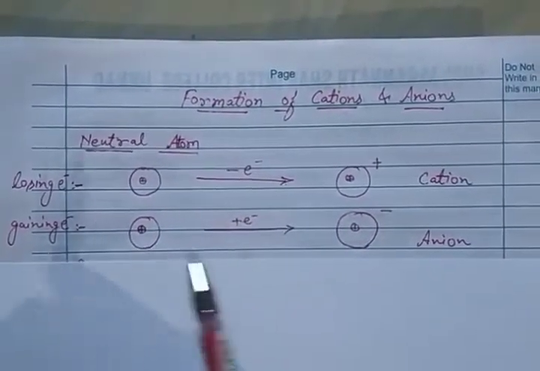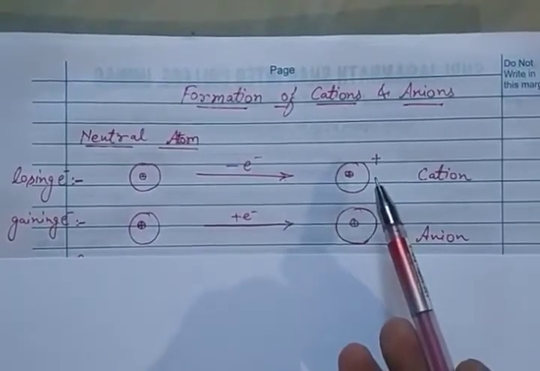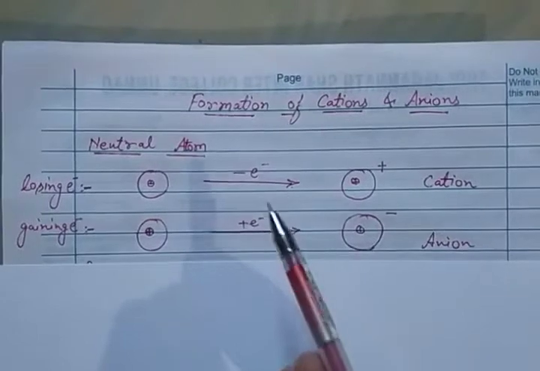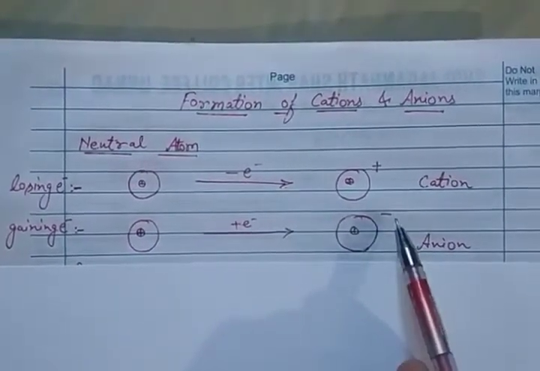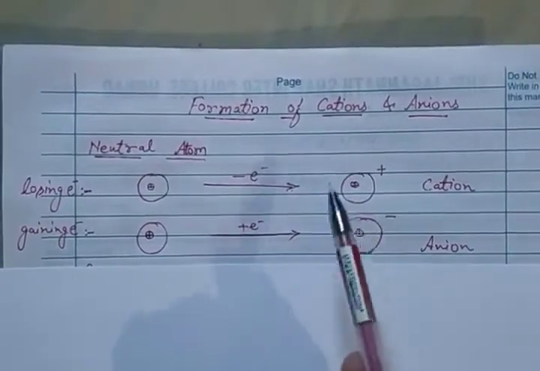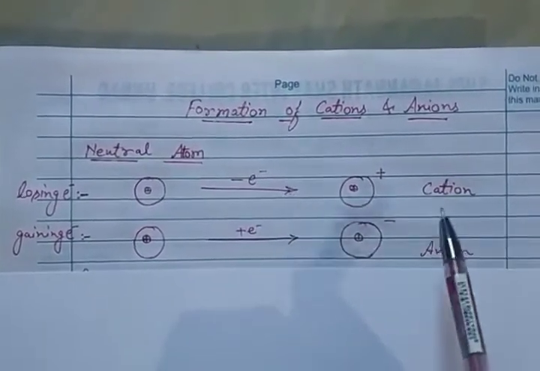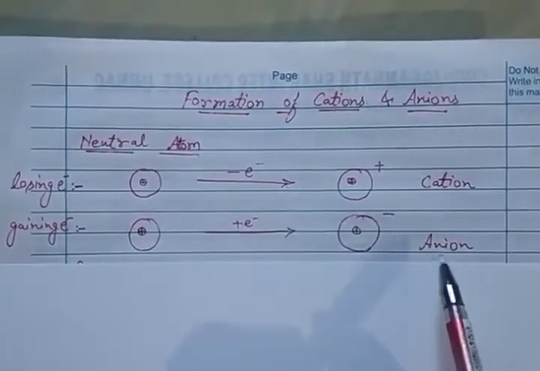When an atom accepts the electron, for example the electron released by the previous atom is accepted by the second atom, it gets a minus charge. A positively charged atom is called a cation, and a negatively charged atom is called an anion.